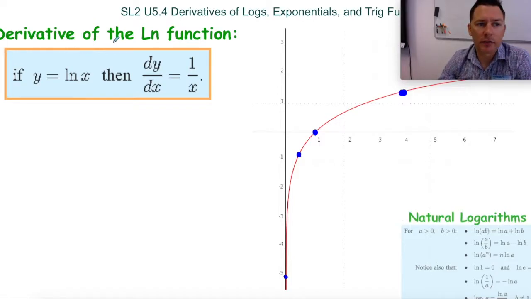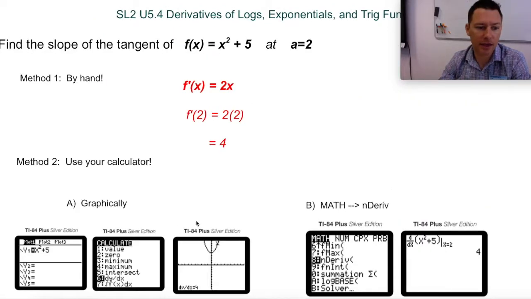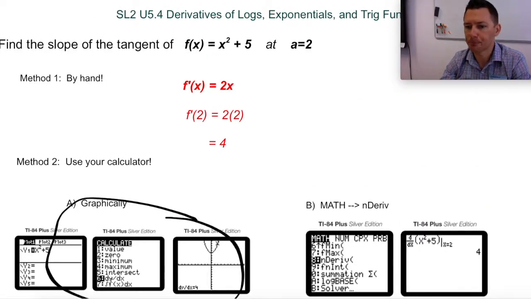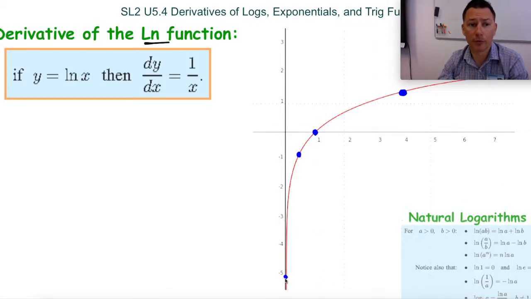Okay, so we can also take the derivative of the natural log function, and if you plotted this curve and played this game with the calculator, you could find the derivatives at all these points. If you chose 1, this has a slope of 1.